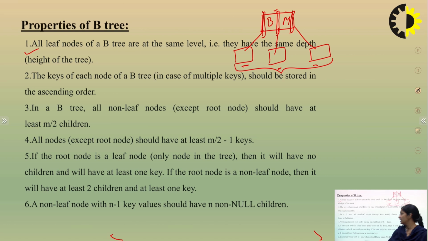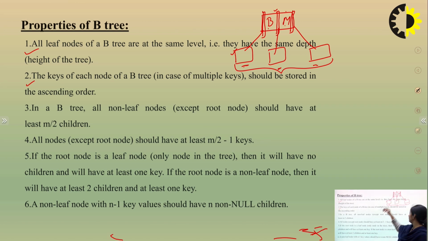Now, the next property: the keys of each node of a B-tree should be stored in ascending order. As in this example, suppose we have two key values B and M. There is a left child on the left-hand side of B. It means the value which we store on the left-hand side will be less than B. These are alphabetic values.